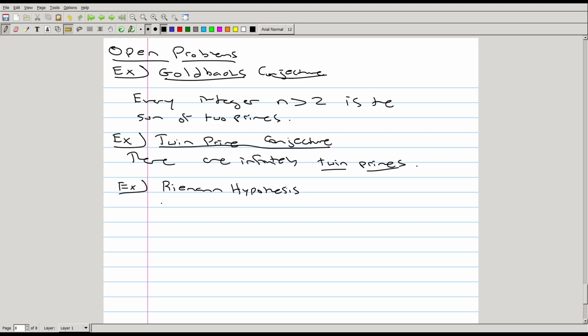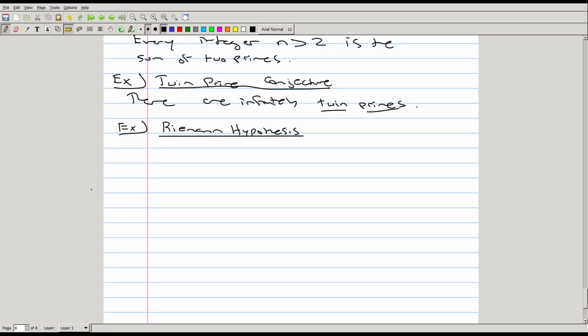And this is one of 10 problems called the Millennium Prize problems, for which there's a $1 million prize for proof or disproof of the conjecture. And so the Riemann hypothesis is based around what's called the Riemann zeta function.